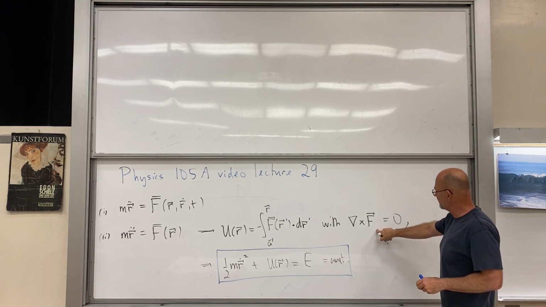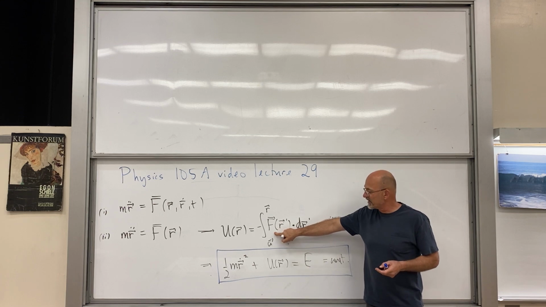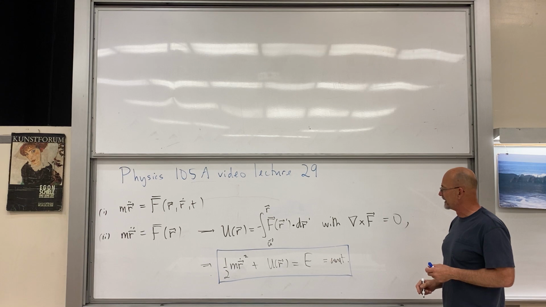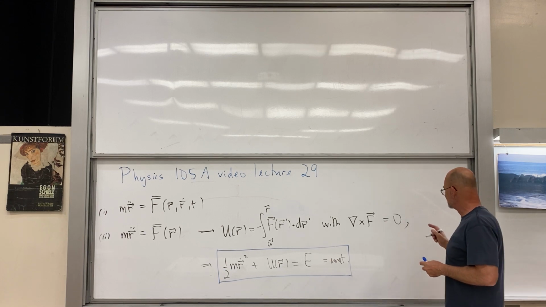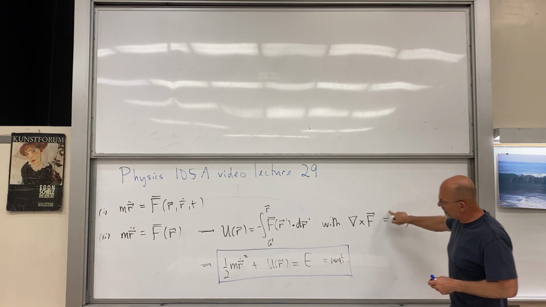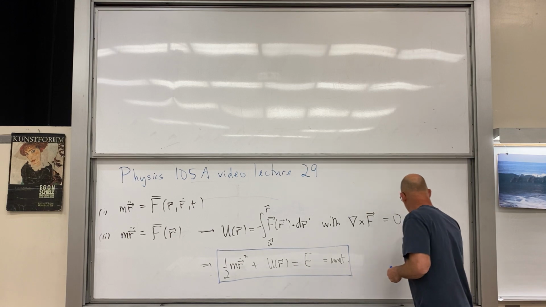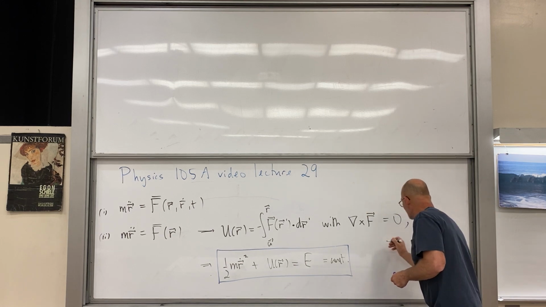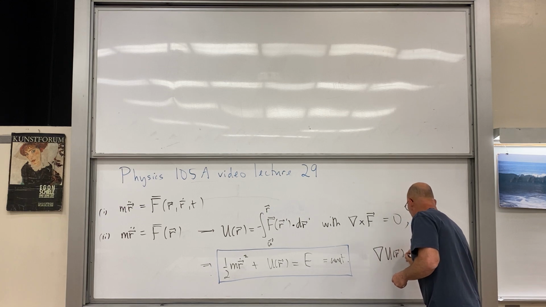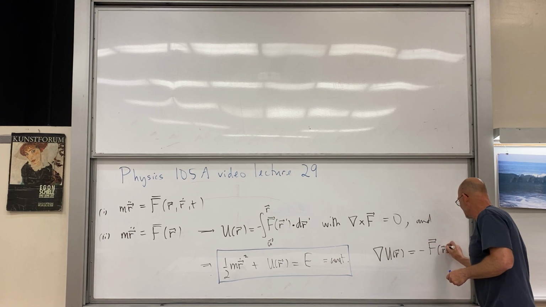So curl of F, curl of that vector field vanishing, that force vector vanishing, is necessary and sufficient. The connection that I want to make here explicitly is that the gradient of u of r is equal to minus F of r.